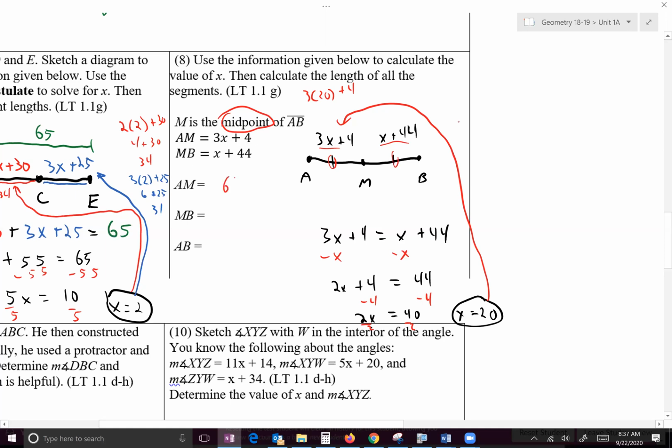Same thing for MB. So we have 20 plus 44, which equals 64 again. So we know we did that right because those two have to be the same. And then if I want the entire thing, well, I'll just add those two together. That would give me 128.